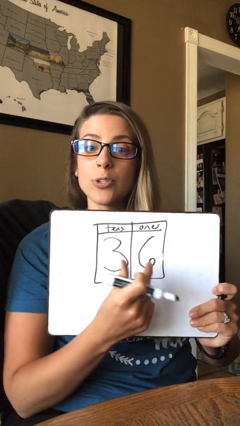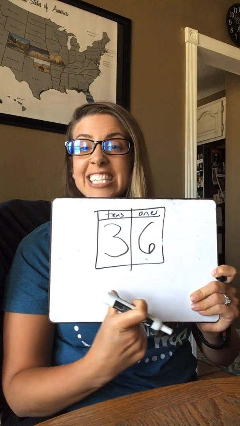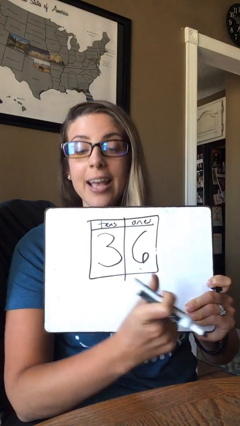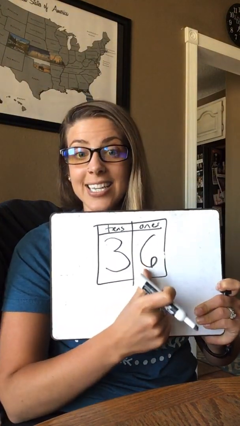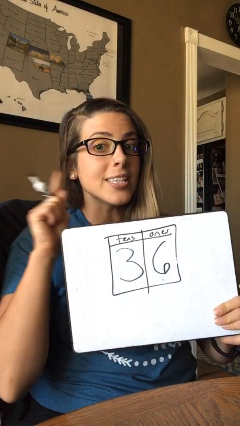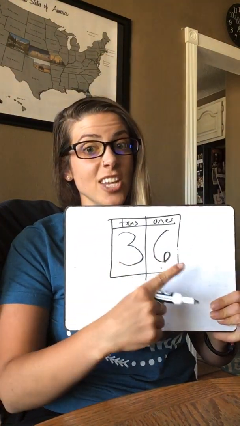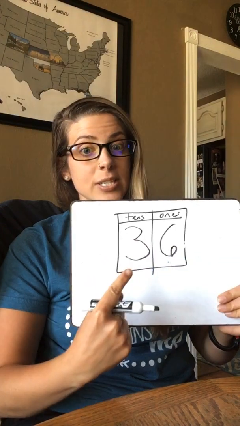Now notice I switched those numbers around. The first one was 6 tens and 3 ones. Then it was 3 tens and 6 ones. So it's really important to listen to which are the tens and the ones, because that changes the number a lot, 36 or 63. It does matter.